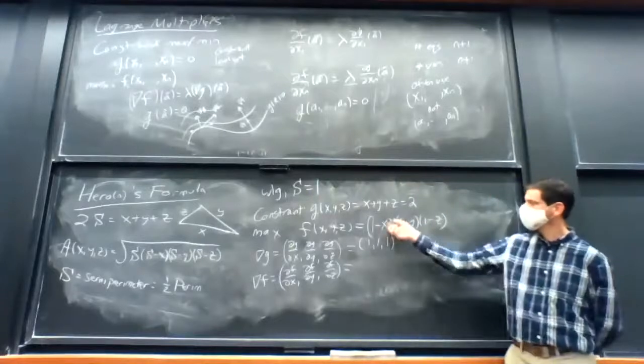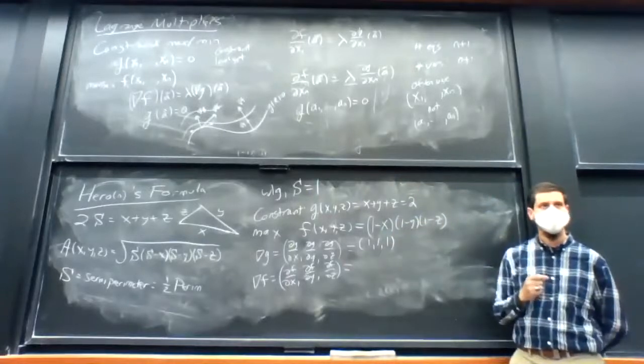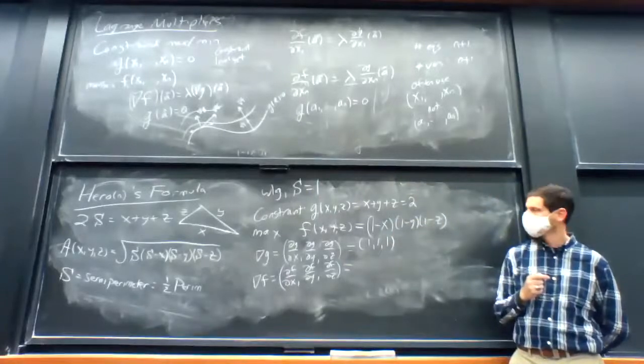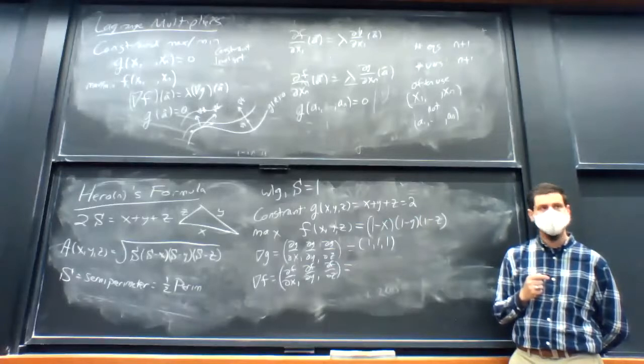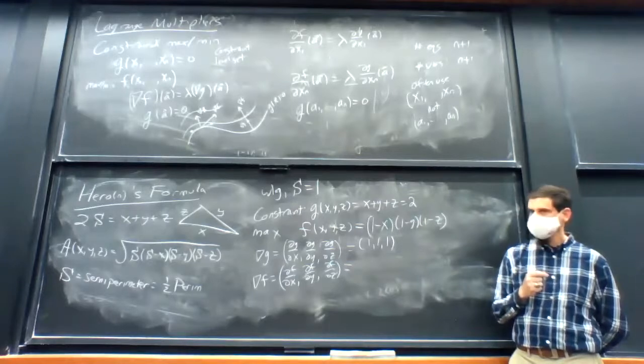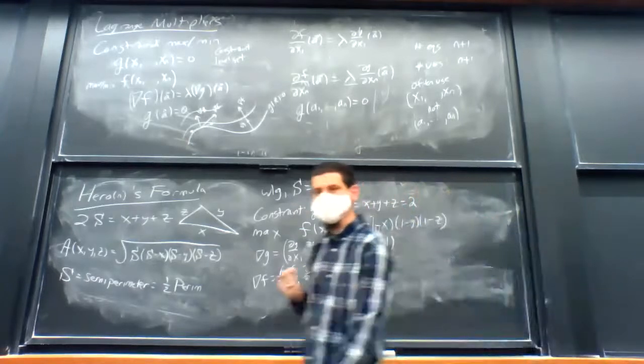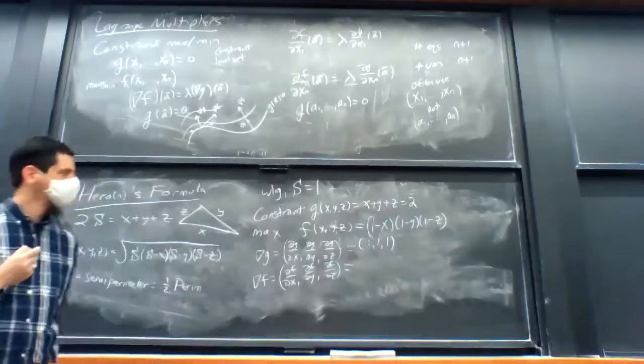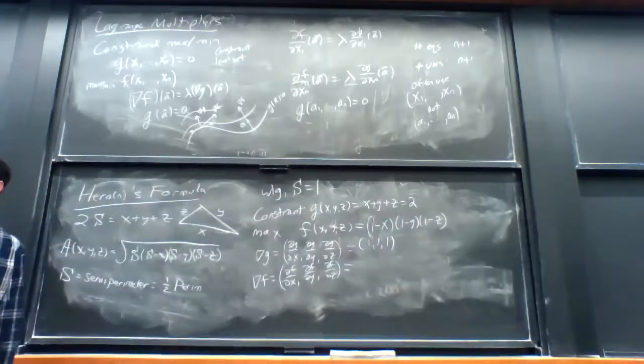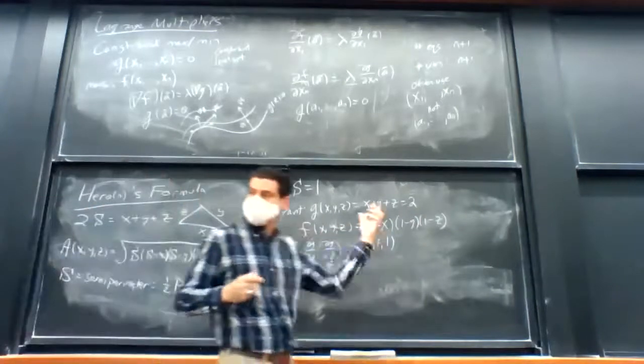So I'm going to take the derivative of this with respect to x. What do I get? Minus 1 is the start of it, but minus 1 times what?